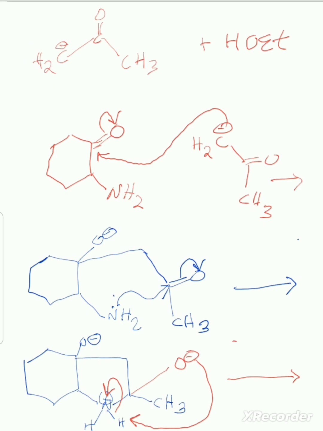So what we are going to have is something like this. We have only one hydrogen there, then CH3, then here we have OH.